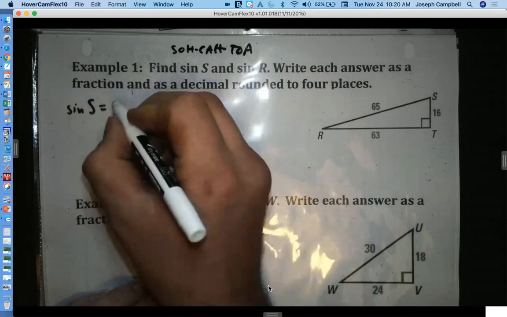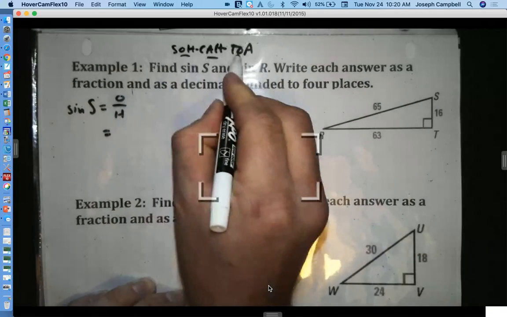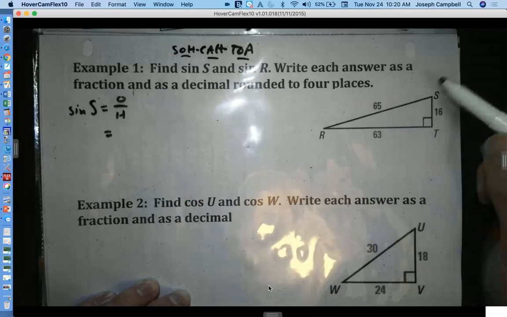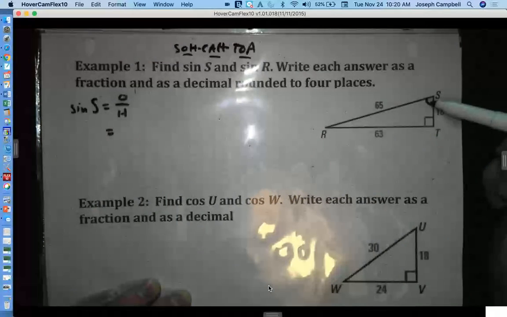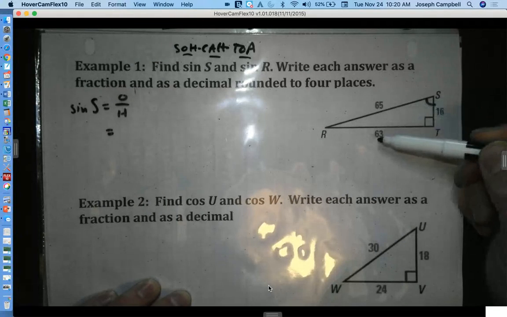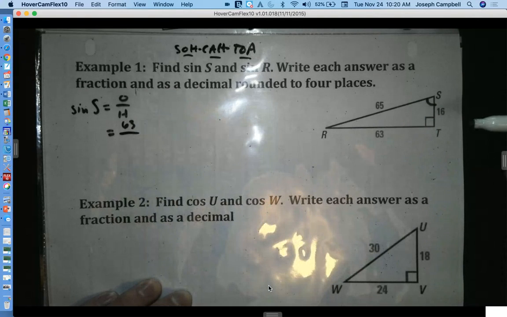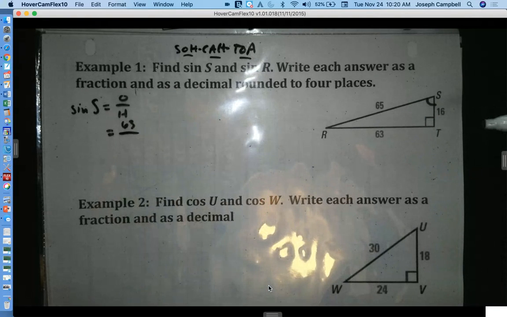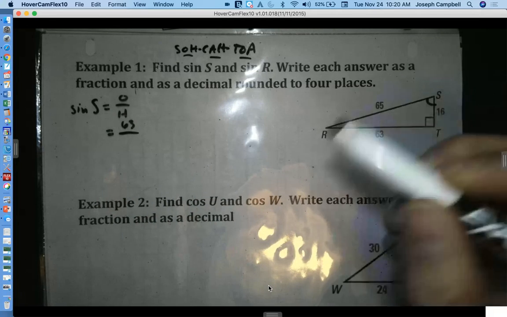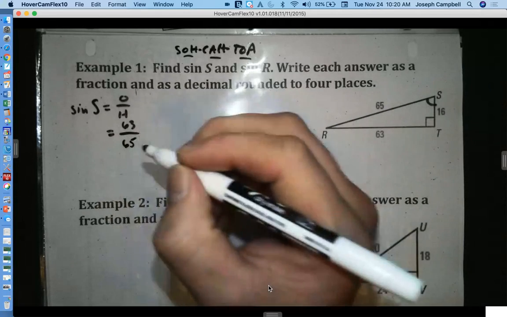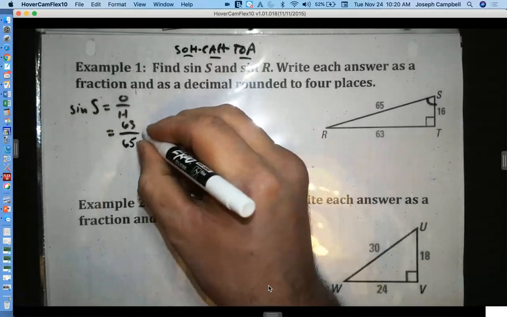So sine's ratio of the opposite to the hypotenuse, right? So let's look at S. What's opposite S? 63. Okay. What's the hypotenuse in relation to angle S? Well, the hypotenuse is always the side opposite the 90-degree angle. So that's 65. Okay, there is our fraction, and they want it as a decimal rounded to 4 places.